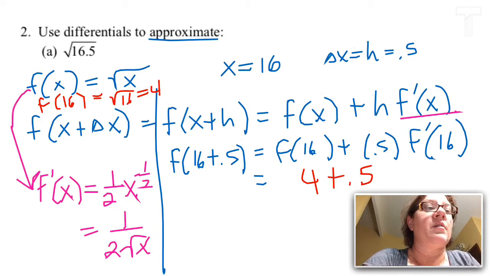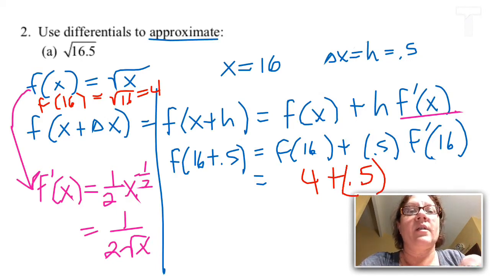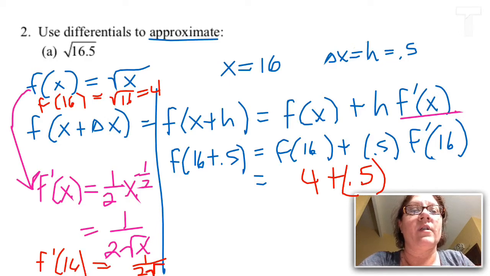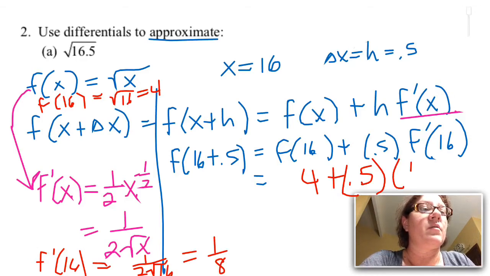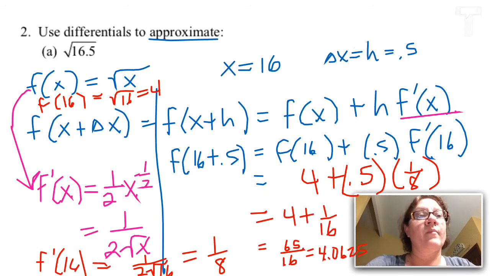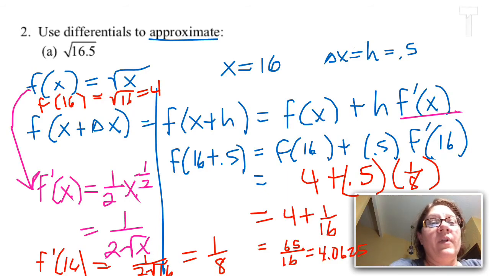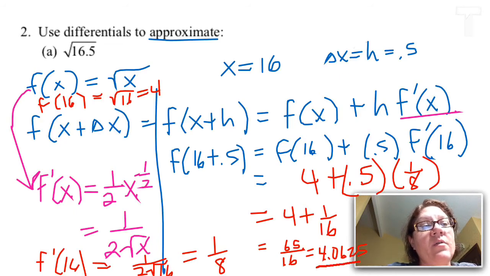And the slope at 16, well, I can come down here and get that, would be 1 over 2 square root of 16, which will be 1/8. And then when I do all my math magic on that, I get 4 plus 1/16, because remember I'm really taking half of an eighth, which is 65/16 for the people who like fractions, and as a decimal, it's 4.0625.